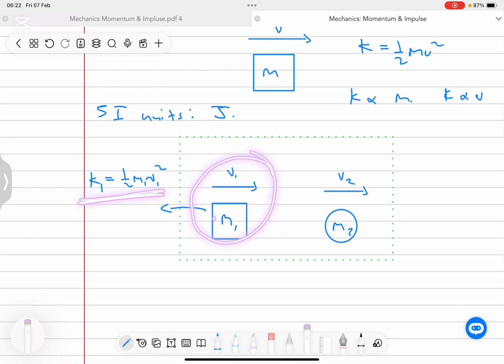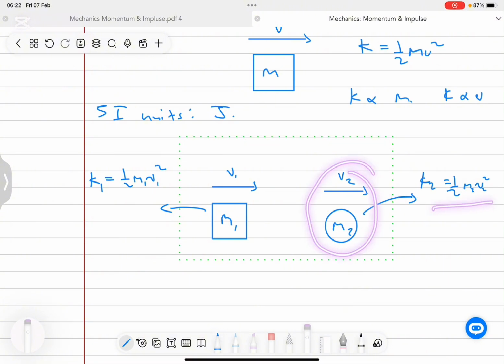The same is true if we were to look at the kinetic energy of the second object. It will be given by K2 equals 1 over 2 m2 v2 squared. This would be the kinetic energy of the second object in the system. Remember, this is the system boundary, the way we defined the system in our previous lesson.